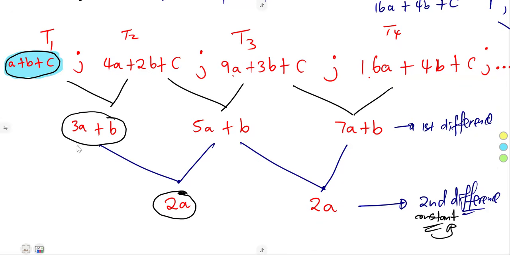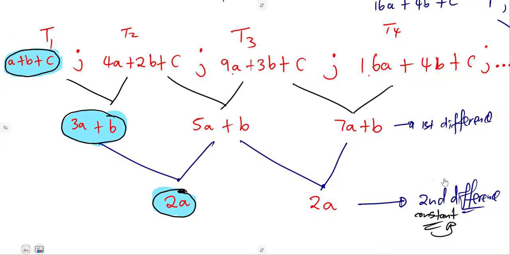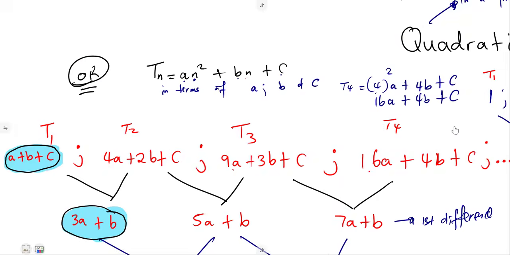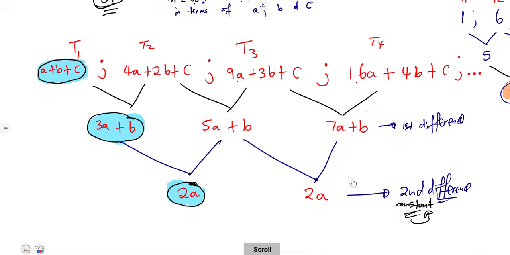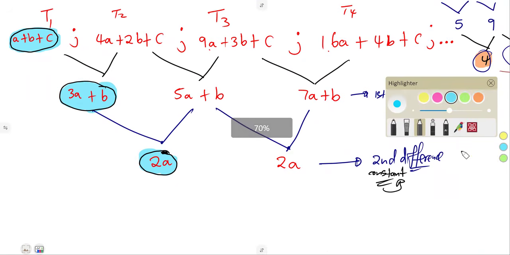At least I just showed you where these are coming from, so you're not going to be surprised wondering why we are using 3a plus b and where it was taken from. This is where it was taken from. So after knowing this, we can have our 2a, we can have 3a plus b, we can have a plus b plus c. Let's say we have our presentation in this format.